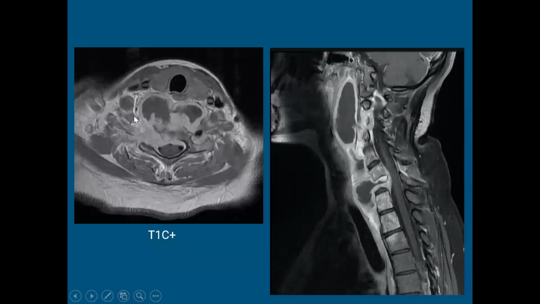So these are paravertebral abscesses with vertebral destruction, and this is a typical case of Pott spine. So Pott spine is one of the pathologies of the perivertebral space.